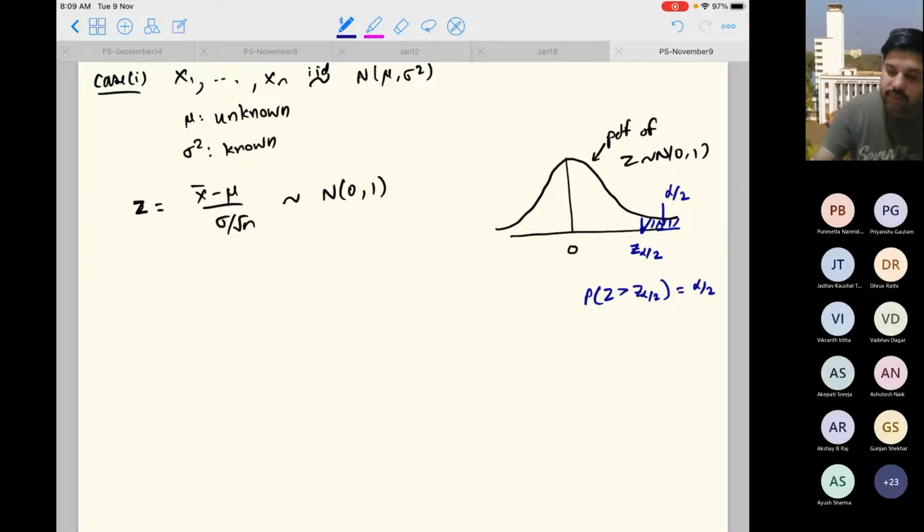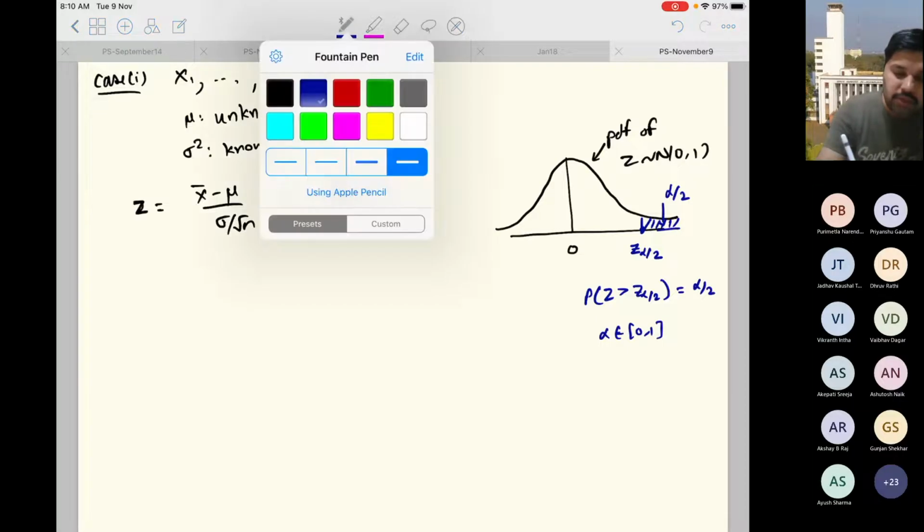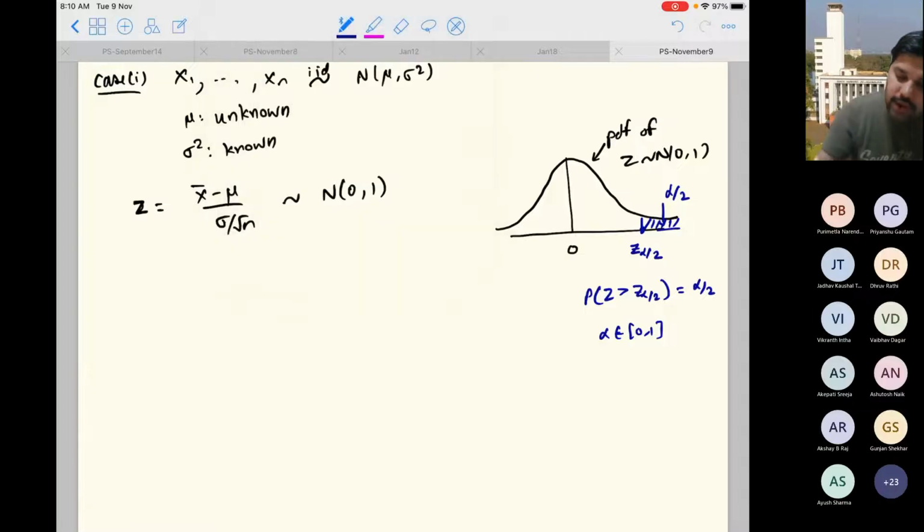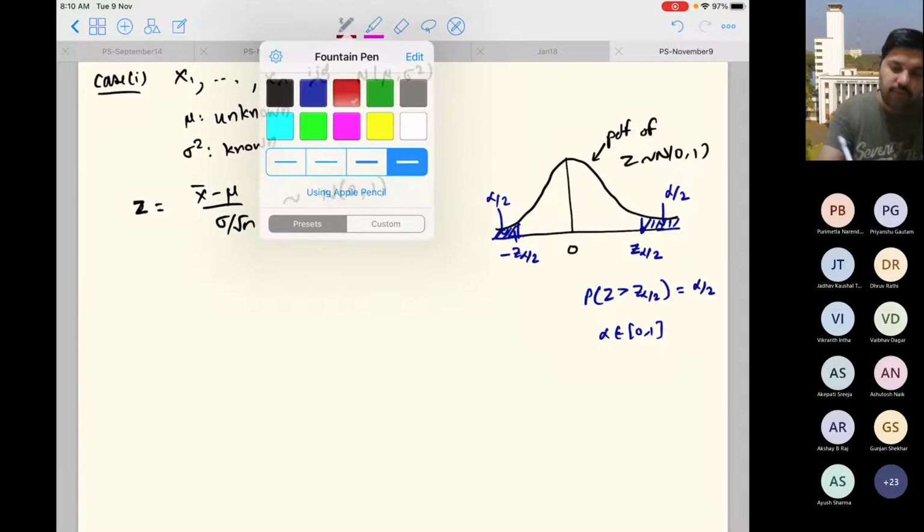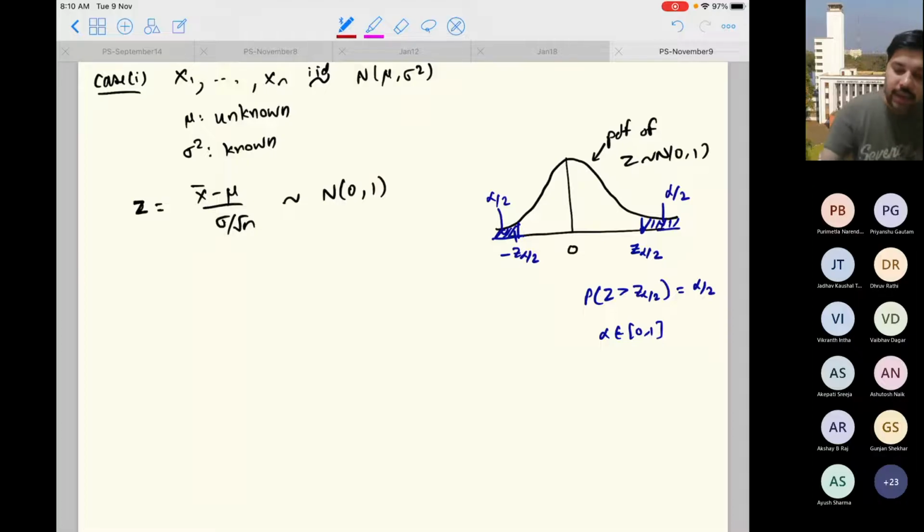So we pick a number alpha between 0 and 1, and this is how we define this point z alpha by 2. This point is generally called a percent point. Because of the symmetry of this distribution, if you consider minus z alpha by 2, then this area is also alpha by 2. The area remaining in between is 1 minus alpha.